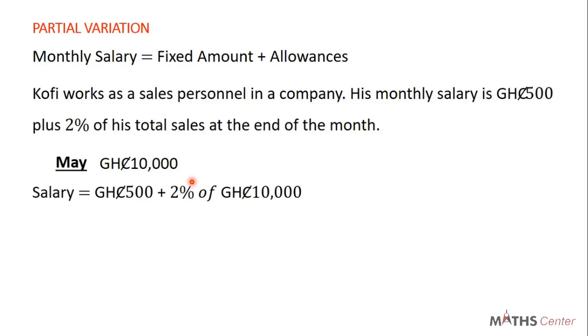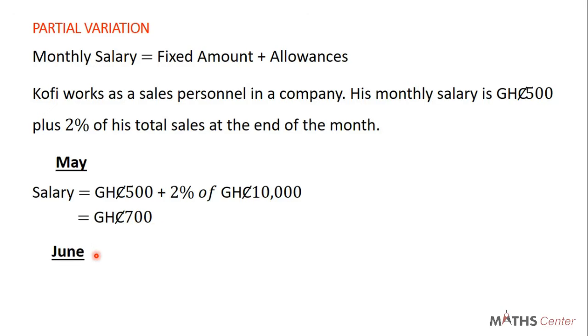So Kofi's salary is going to be 500 Ghana cedis, which is the fixed amount, plus 2% of 10,000 Ghana cedis, which was his total sales at the end of the month. 2% of 10,000 Ghana cedis is equal to 2 divided by 100 times 10,000 Ghana cedis, and that will give us 200 Ghana cedis. So if we add the 200 Ghana cedis to the 500 Ghana cedis, Kofi is going to receive a salary of 700 Ghana cedis.